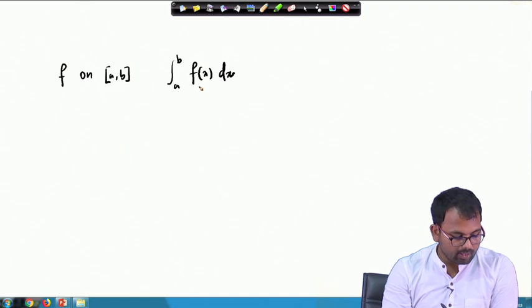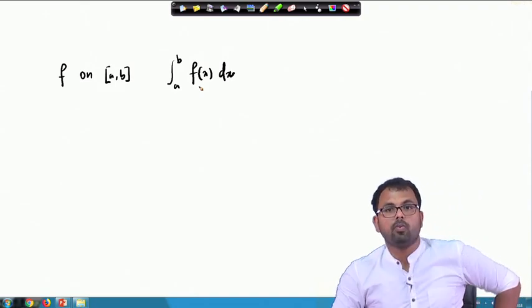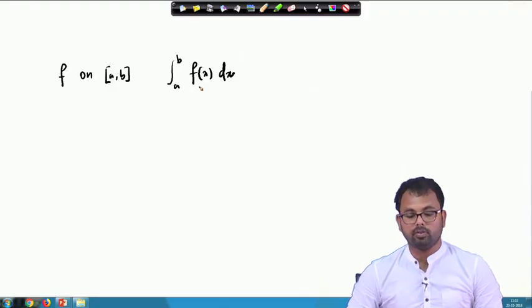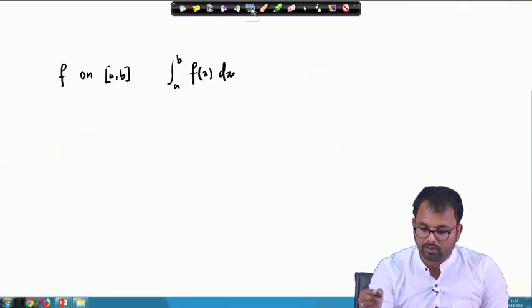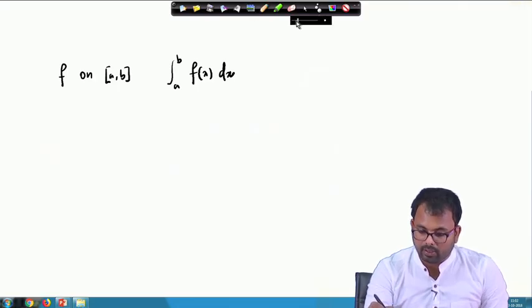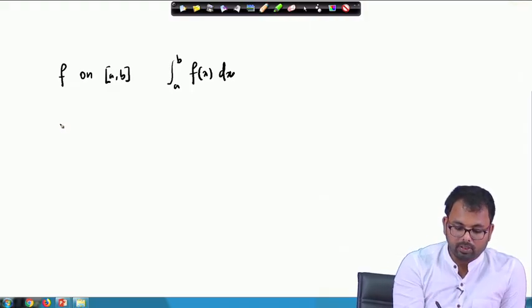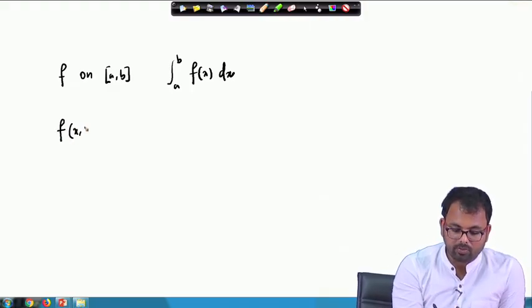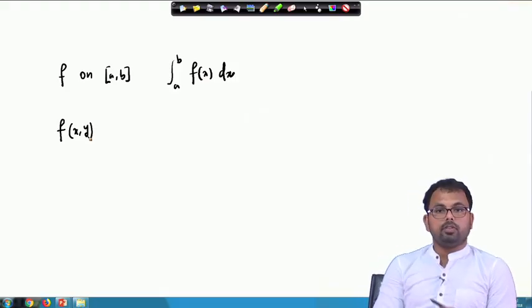Now, an interesting question one could ask in this context is what happens for a function of two variables. Instead of a function of one variable, if you have a function of two variables, say f(x, y), then what would happen with the integration of such functions?